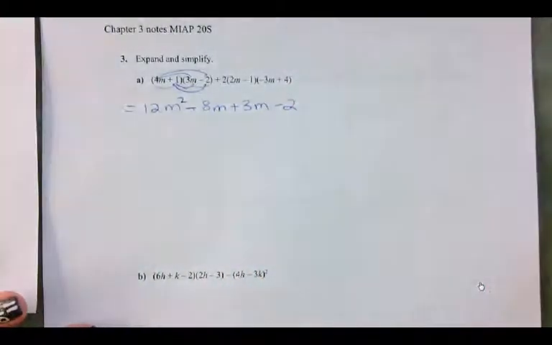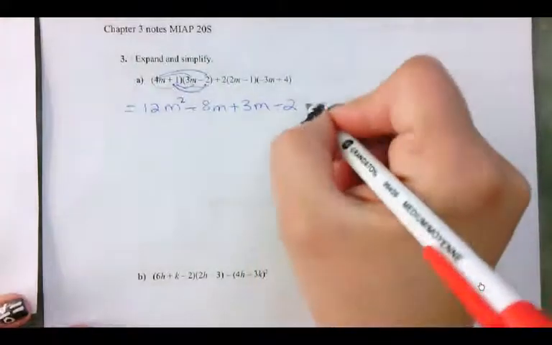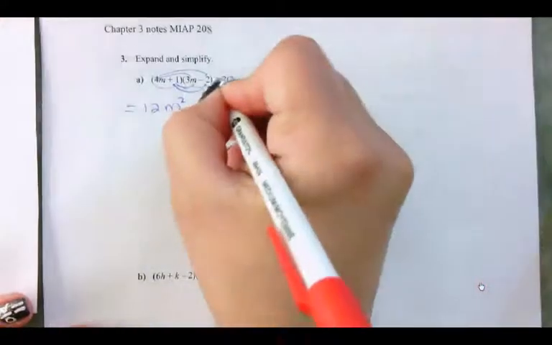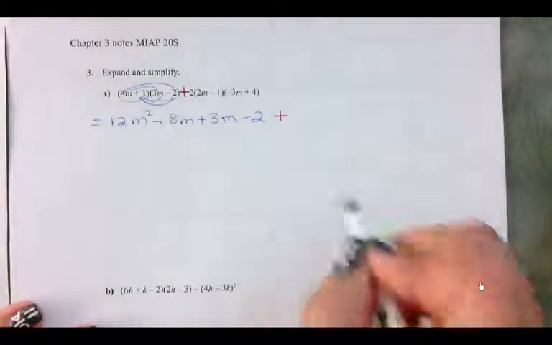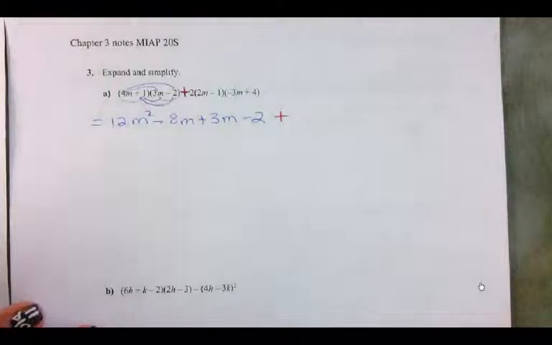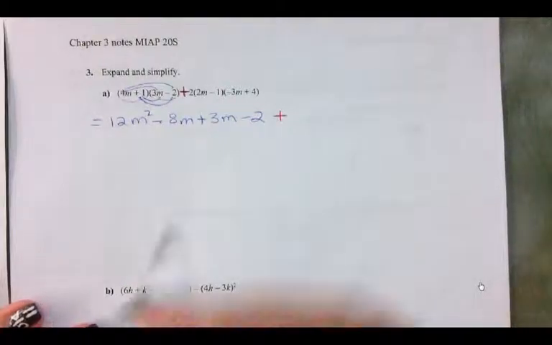And then I've got the plus sign. So I'm going to write this plus sign in red because it's referring to this plus sign right here. And I want to make sure that you write it down and that you don't leave it flying away and you don't lose it or anything, because it's important.